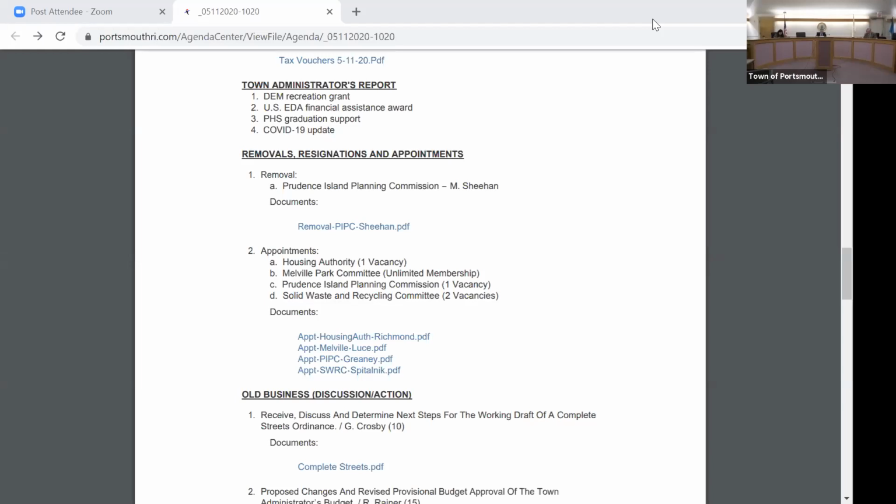With respect to the COVID-19 update, phase one of the reopening of Rhode Island and our economy has started. There is an incredible amount of information to absorb and stay ahead of, and I encourage people to regularly visit the town's website and review the COVID-19 information which is posted.